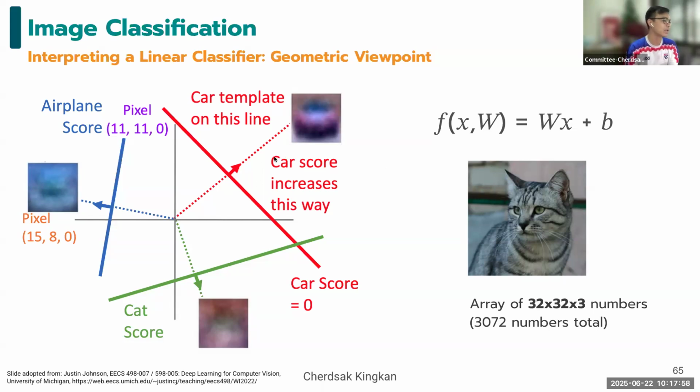After we perform multiplications and additions, if the value falls along this line, it will be a car. If it falls around this line, it will be a cat. If it falls along this line, it will be an airplane. This is how we can look at the linear classifier in terms of geometry.